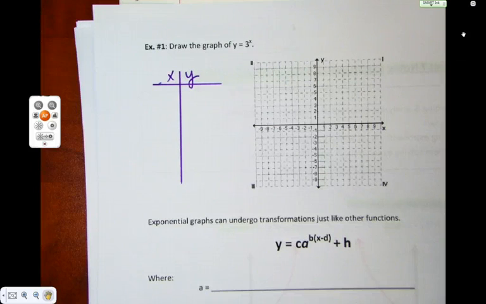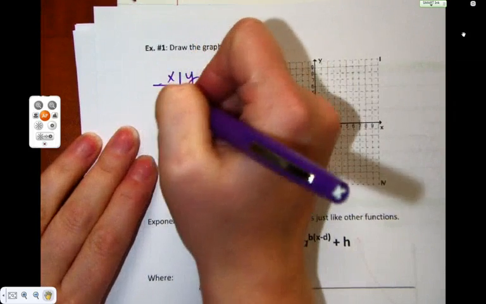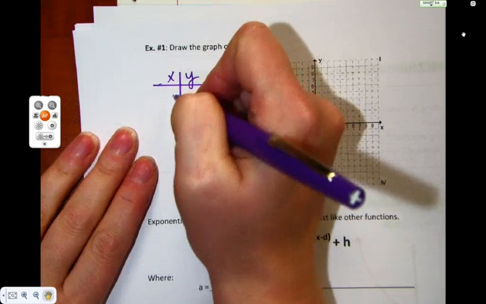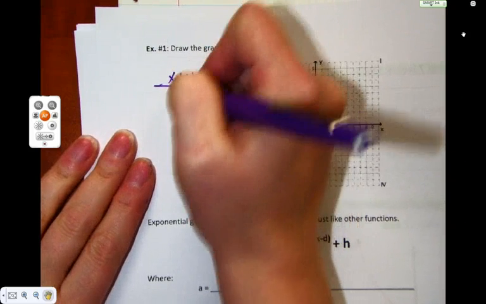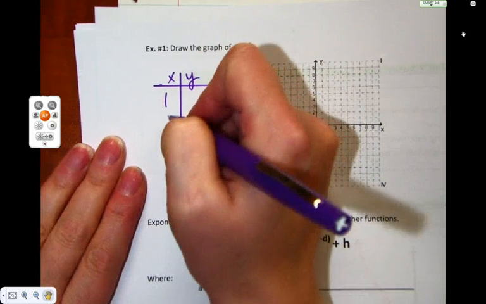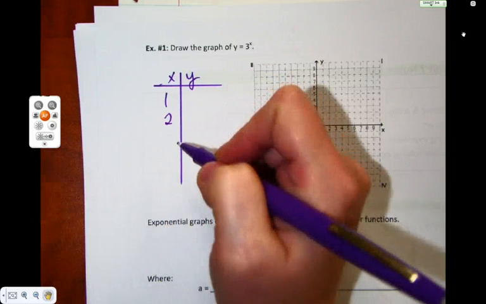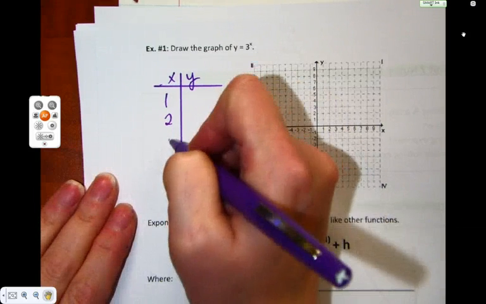We usually want some negatives, usually 0, usually some positives, so give me some numbers. Anybody give me a number? 1, 2. Well, we want some positives, 0, probably some negatives.